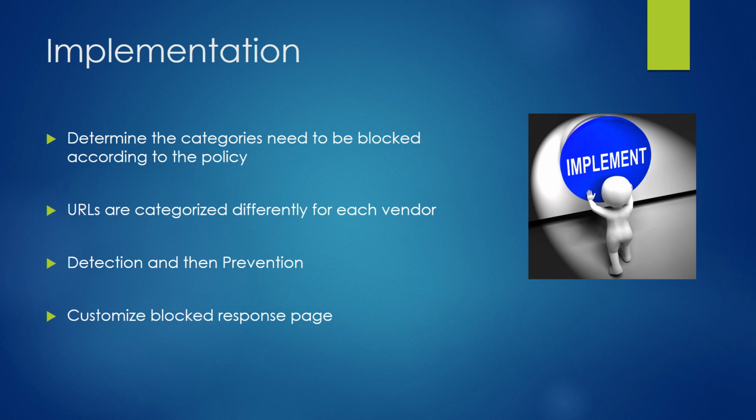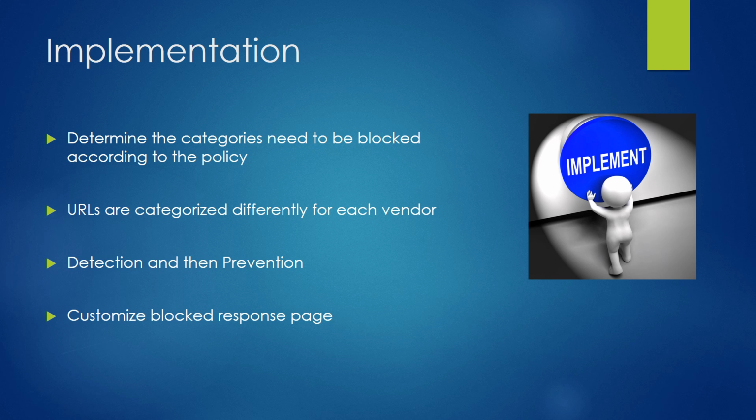Implementation. The key aspect of implementation is to determine the categories that need to be blocked according to the policy. URLs are categorized differently by each vendor since they maintain their own URL database based on their algorithms. It's best practice to move from detection mode to prevention mode.